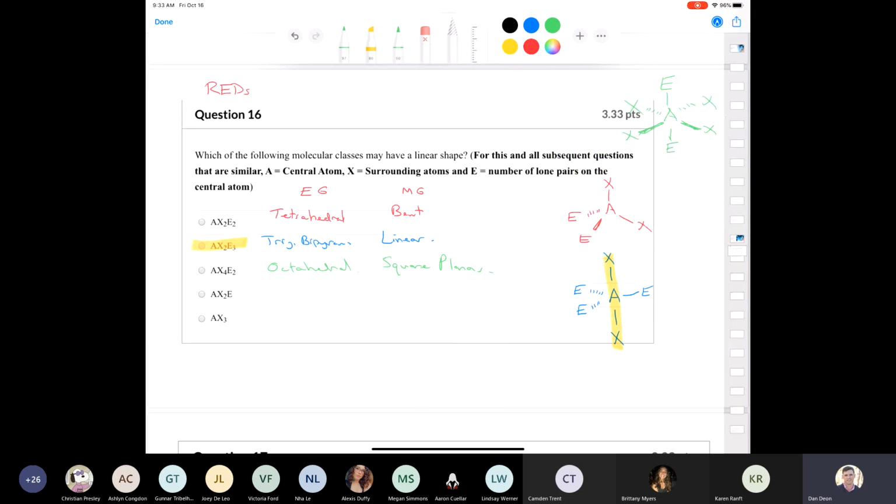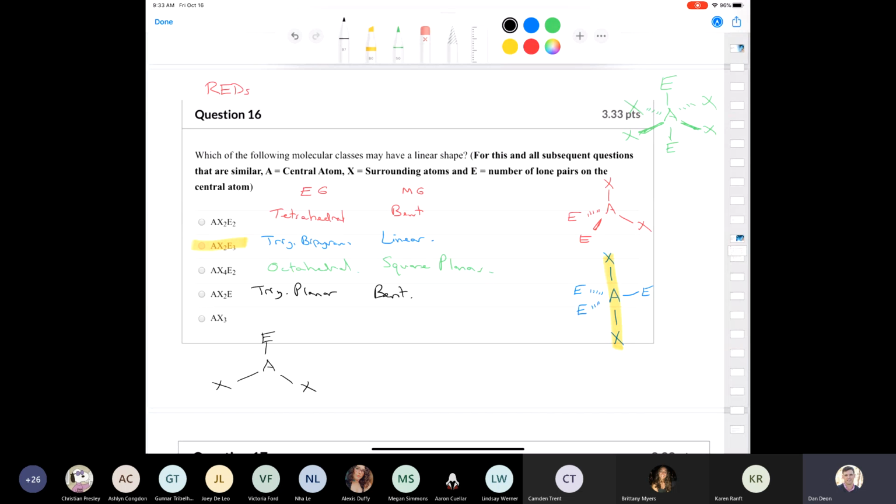What's next? We have AX2E, so that's 3 regions of electron density. And so our electron geometry will be trigonal planar. That would look something like this, where I have my A, 2 X's like this, and my E, and then you can see that the molecular geometry is in fact bent.